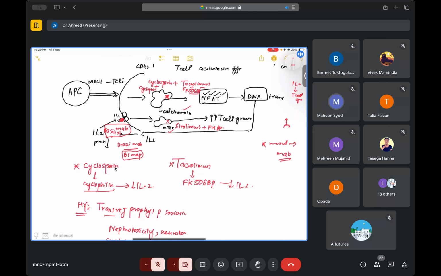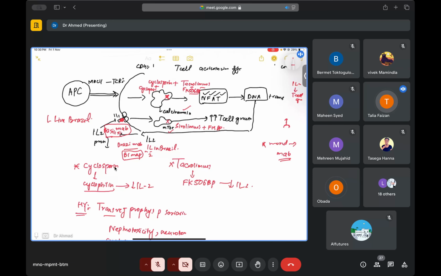So bimap or basiliximab. Okay, we can relate basil to Brazil: I live in Brazil. I and L are two letters, so it's IL2. Okay, I live in Brazil.